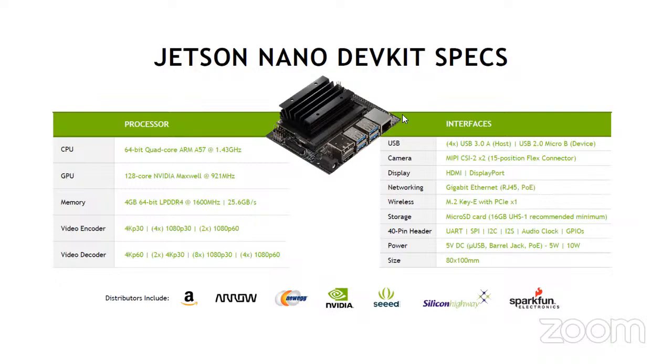This one is normal USB 3.0. These 4 USBs are just for data transfer, or for connecting different types of devices like a camera or sensors with a USB interface.